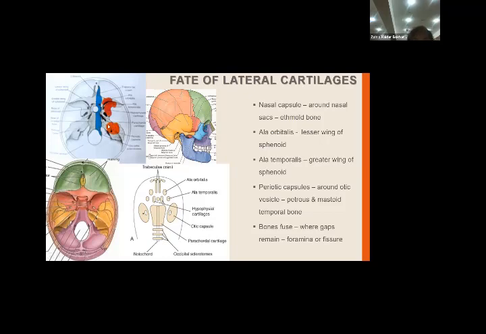So the periotic capsule develops into the part of the temporal bone. ठीक है बच्चे.